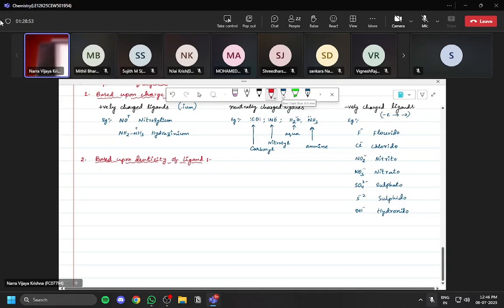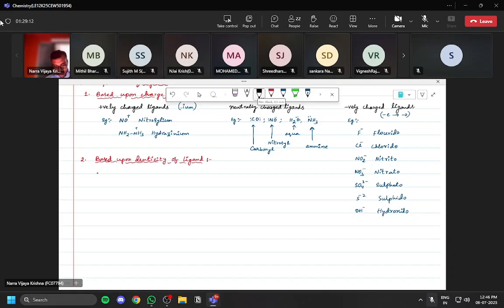Denticity means lone pair donation. If one ligand is able to donate only one lone pair, then it is called monodentate. If it is able to donate two lone pairs, bidentate. So denticity of a ligand means the number of lone pair electrons donated by the ligand.